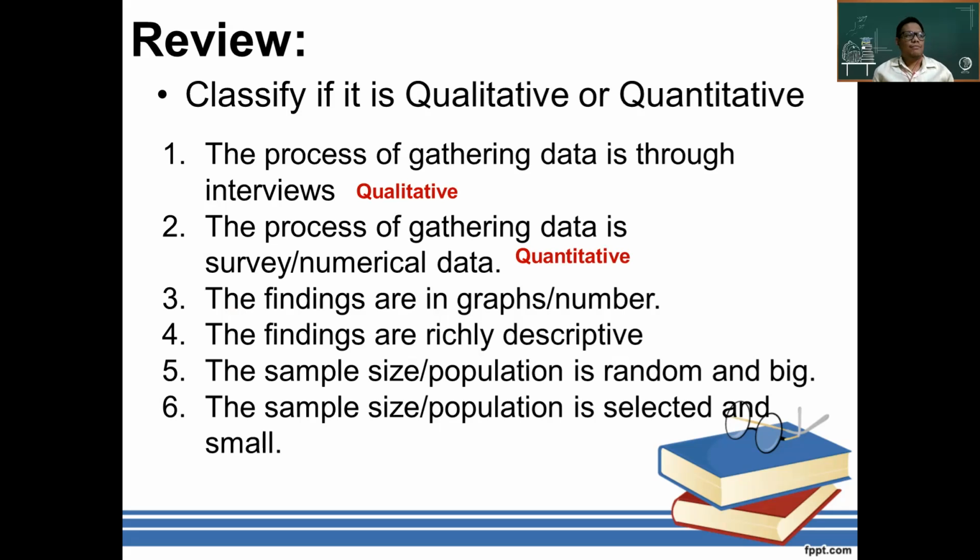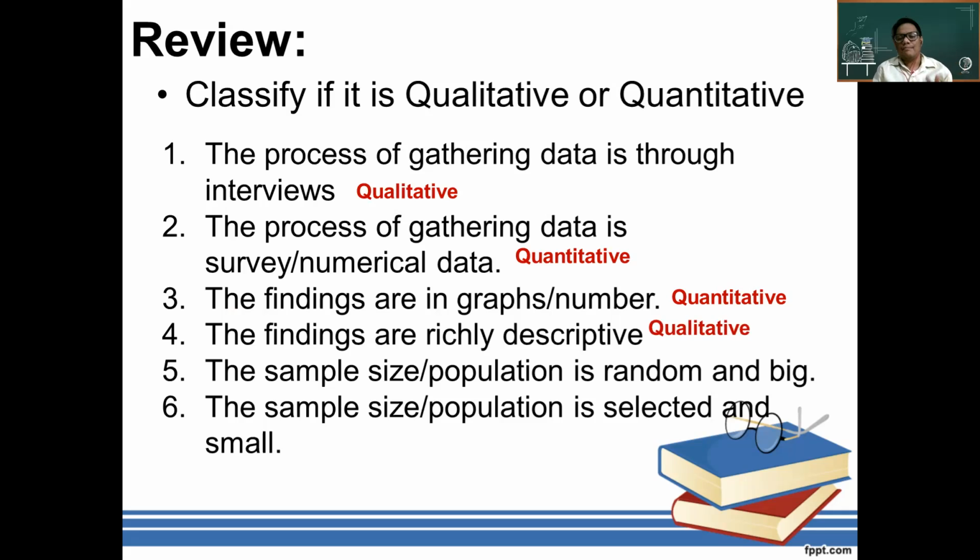So after you have done the research, the findings will be in a graph or a numerical value. Yes, Peter. Yes, it is correct. Quantitative approach, because the findings in a qualitative approach are richly descriptive. The results are in feelings, emotions, and the real reasons that involve emotional values. So if it is descriptive, it is qualitative.